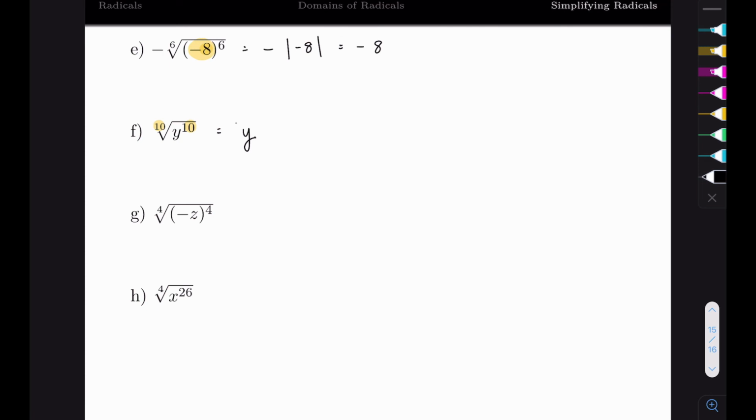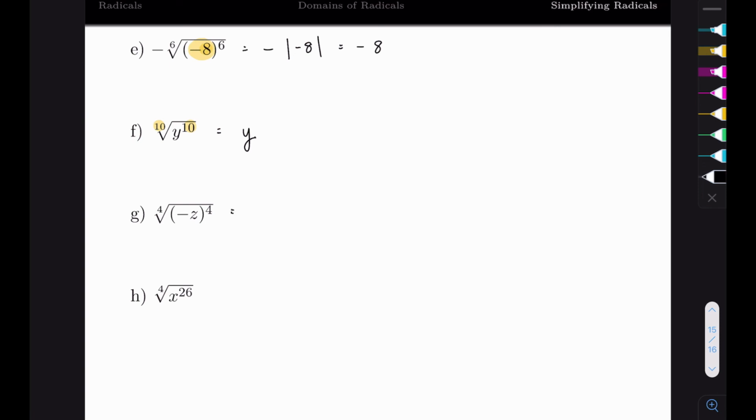But in reality, because it's an even root, we get the absolute value of y to guarantee that it's a positive number. If you miss those on a test or anything, it's not a super big deal. And especially in our later sections, we just assume that the variables take on appropriate numbers.